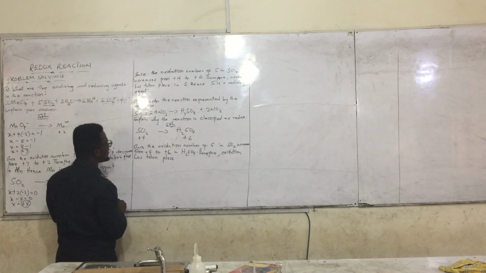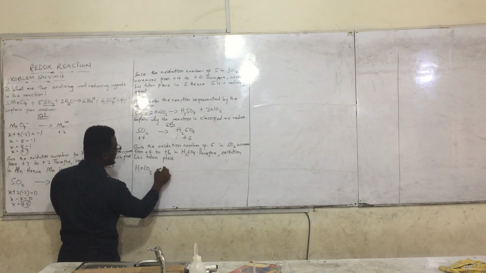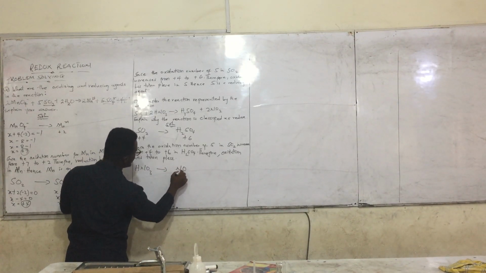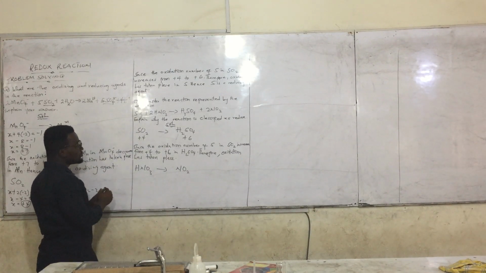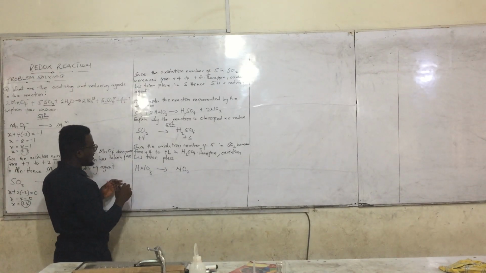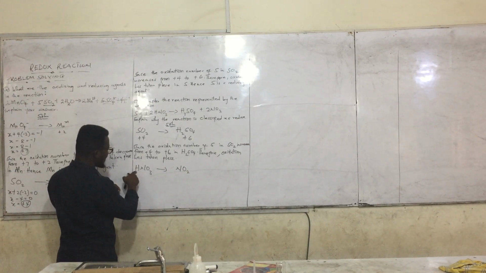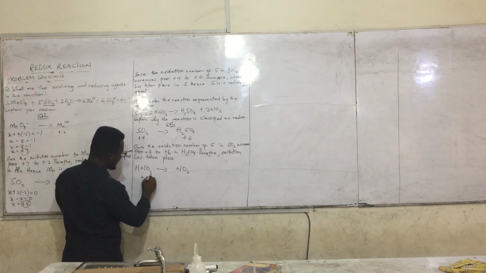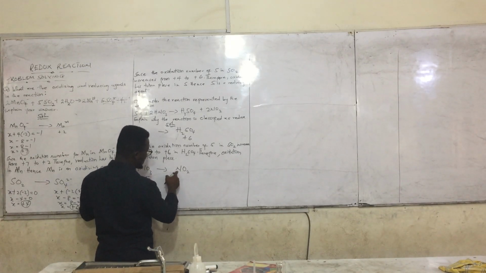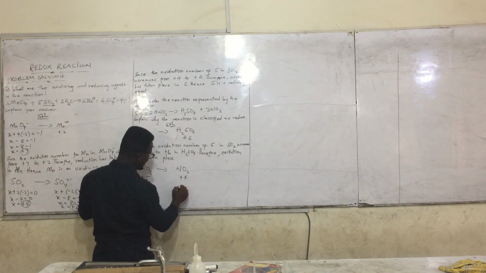Let's also look at the other side of the reaction. We have HNO3 producing NO2. Now, what can we say over here? Let's look at the oxidation numbers. For HNO3, H plus N minus 6, this is plus 5. And for NO2, N minus 4, so it's plus 4.